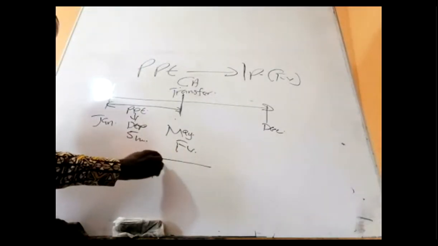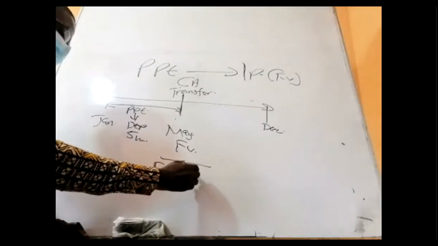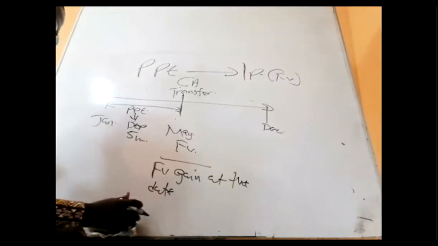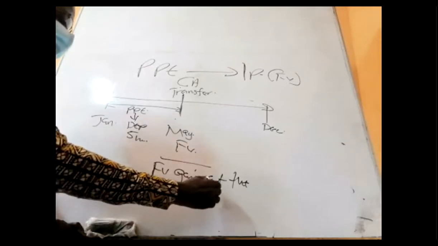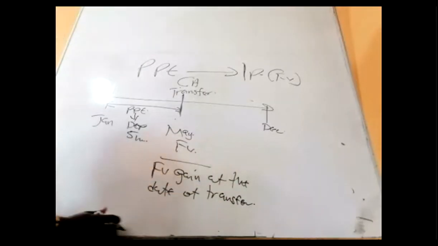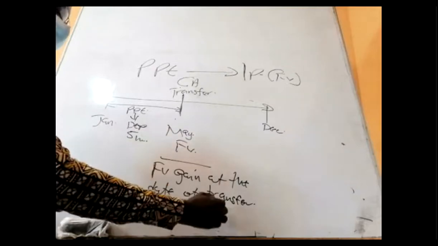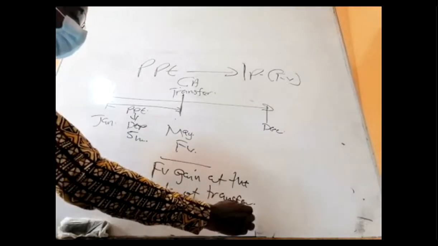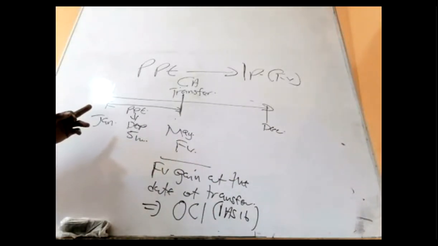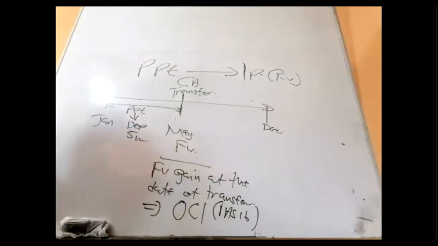Any fair value gain at the date of the transfer should be accounted for under OCI using IAS 16. You have to use the IAS 16 revaluation model to account for any gain or loss.